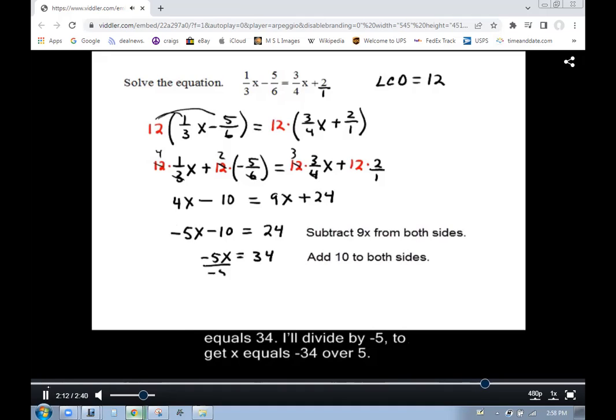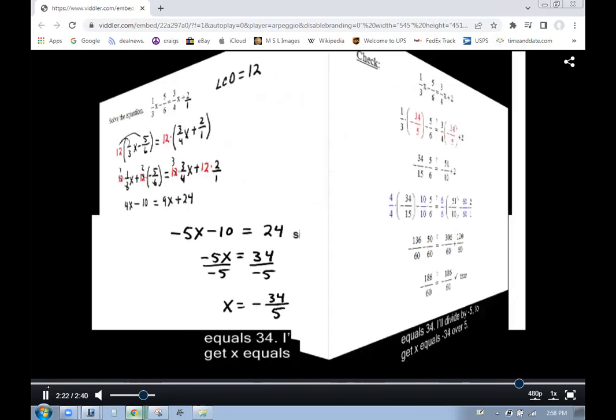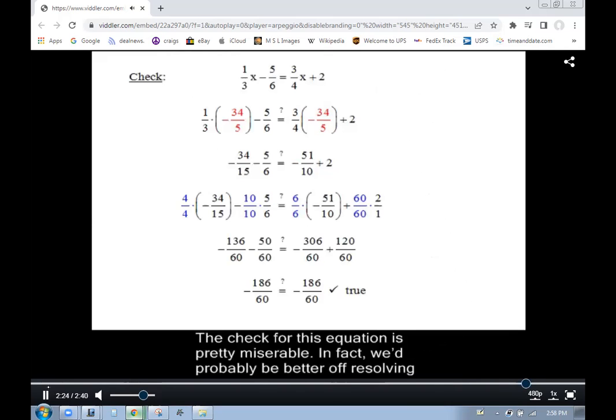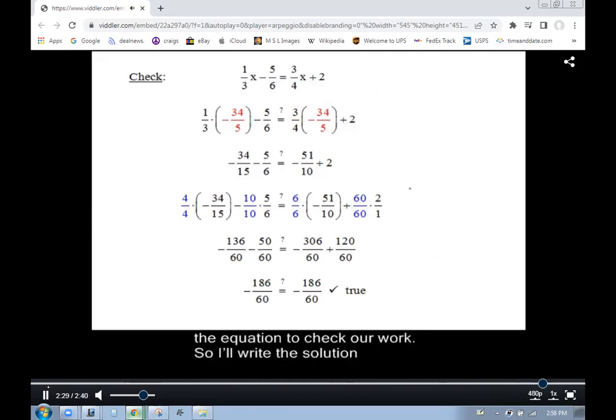I'll divide by negative 5 to get x equals negative 34 over 5. The check for this equation is pretty miserable. In fact, we'd probably be better off resolving the equation to check our work. So I'll write the solution set as a set containing negative 34 over 5.